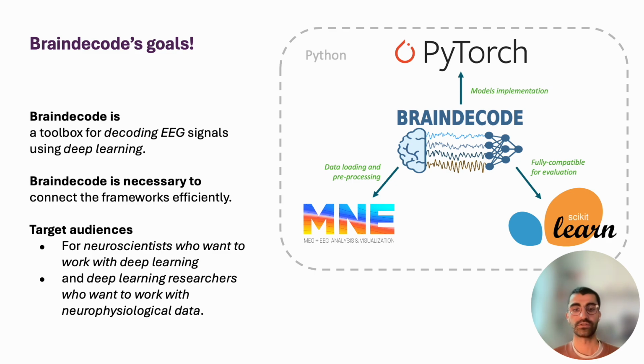Or on the other side, if you are used to working with deep learning and want to start playing with neurophysiological data, BrainDecode will also make that easier for you, because you will have a lot of examples of how you can pre-process some EEG data, how you can load it into your model, etc.